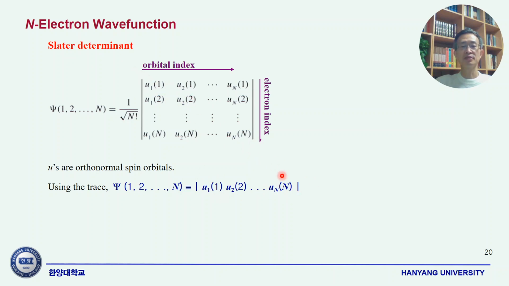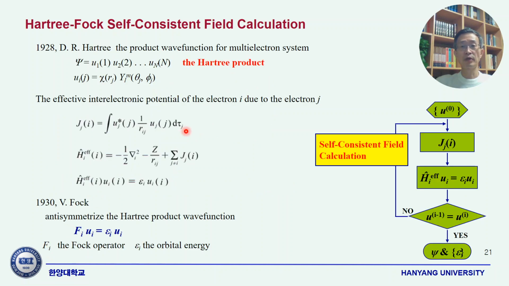If you look at this single line, you directly see the whole determinant. So this is the way we represent the Slater determinant. Right. So this is the generalization for the Hartree-Fock self-consistent field calculation.